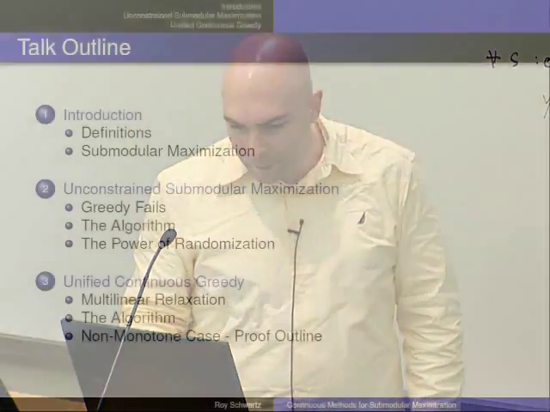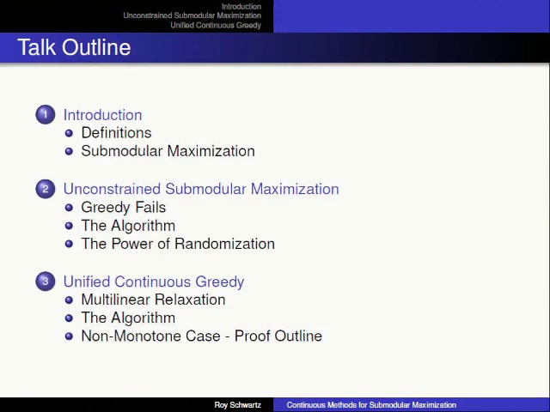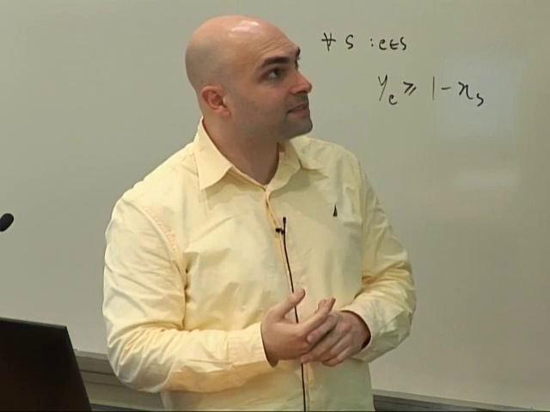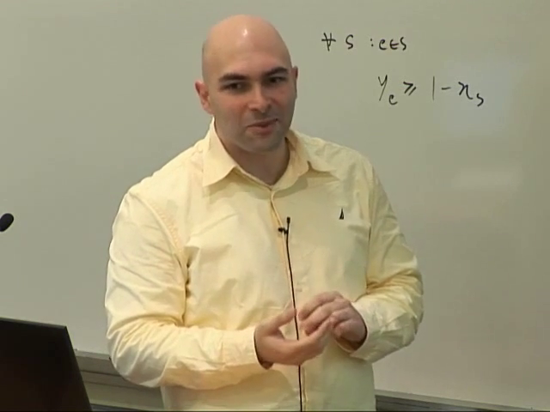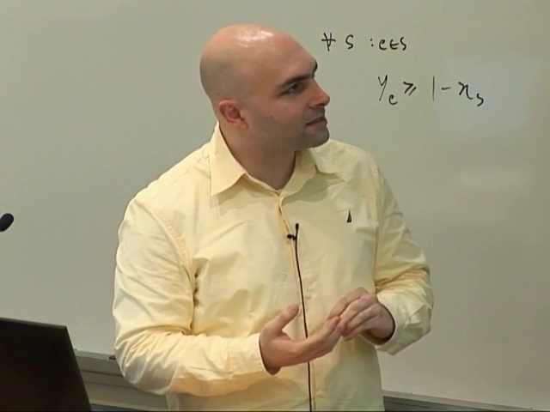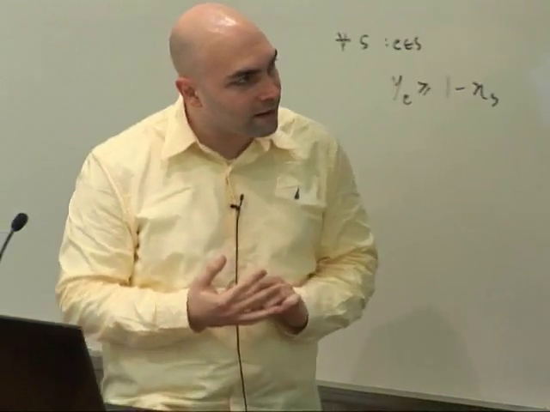So we're going to talk about submodular maximization today, or more precisely, how to use continuous methods. This talk will have 3 parts. In the first part, we're going to recall what a submodular function is and also see a few interesting submodular optimization problems. In the second part, we're going to discuss perhaps one of the most basic submodular optimization problems, which is the unconstrained submodular maximization problem, and we'll actually see how to get tight results for this problem.